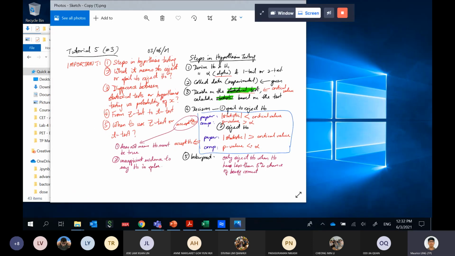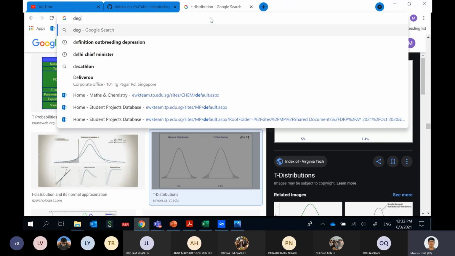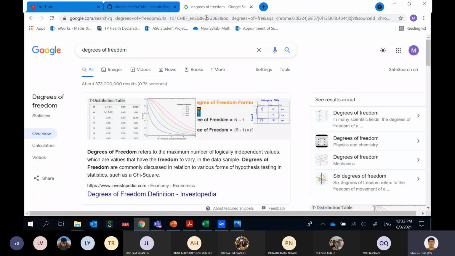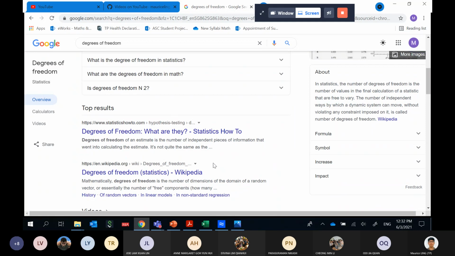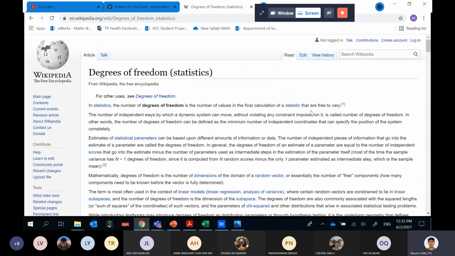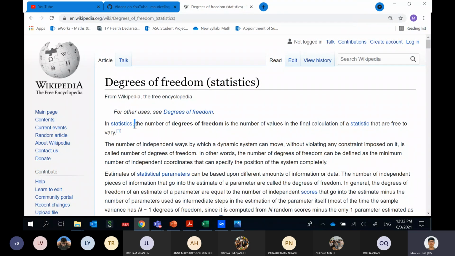Okay, let's go to our dear Mr. Wikipedia and look at what on earth degrees of freedom means. Okay. So this is mathematically the correct definition for degrees of freedom.